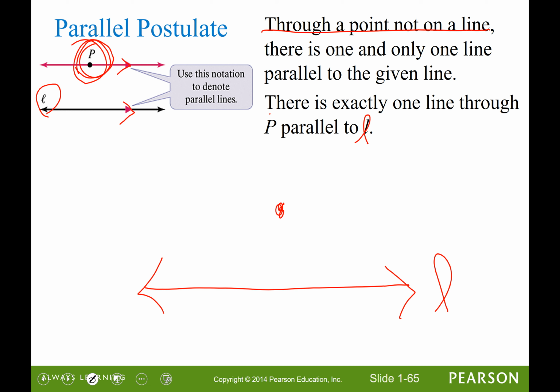And I'll call that point P also, just so you can see that I'm talking about the same parallel postulate. There is one and only one parallel to that given line. So through this, there's only one line that exists that will be parallel to line L and will also pass through point P. And it would have to be this one here. And that is the parallel postulate.